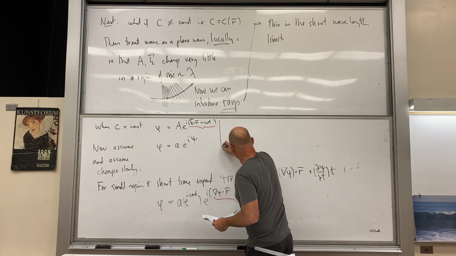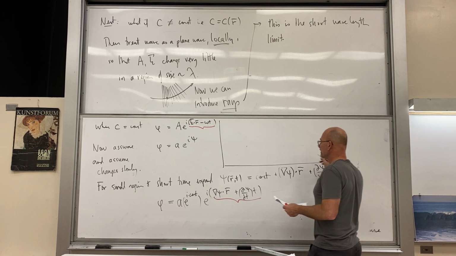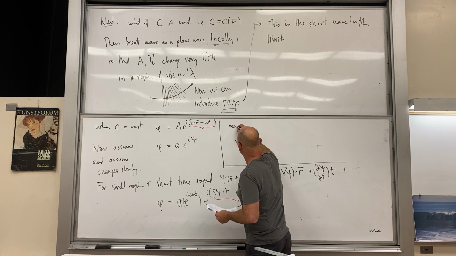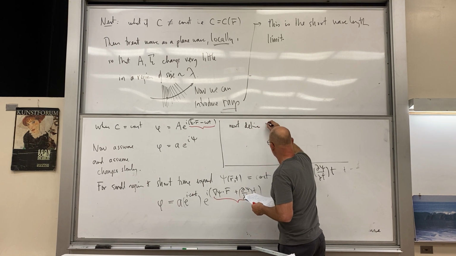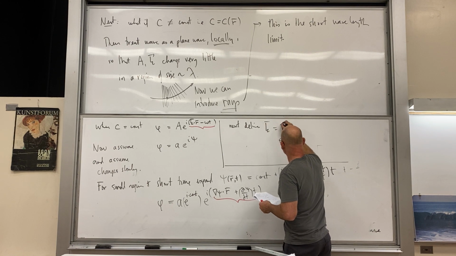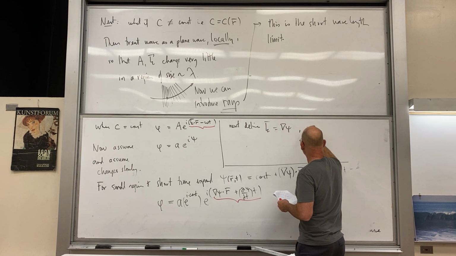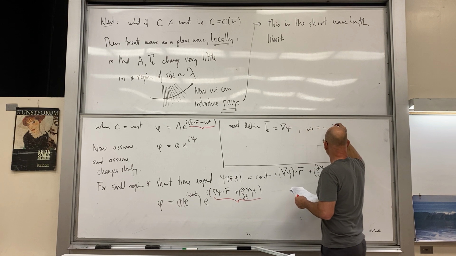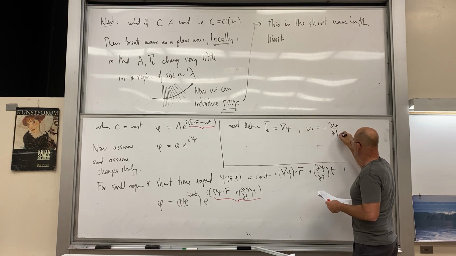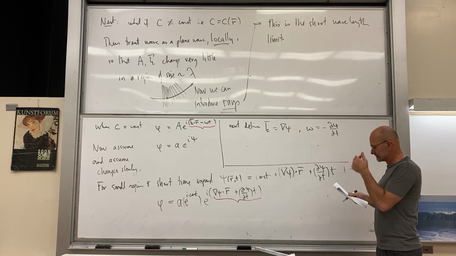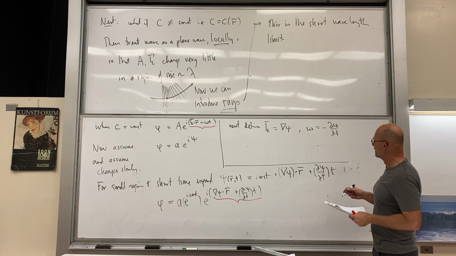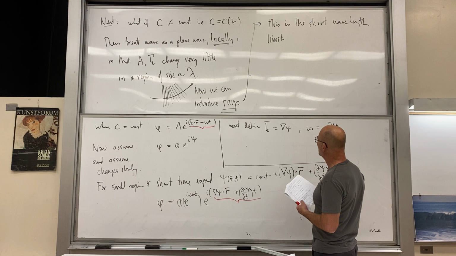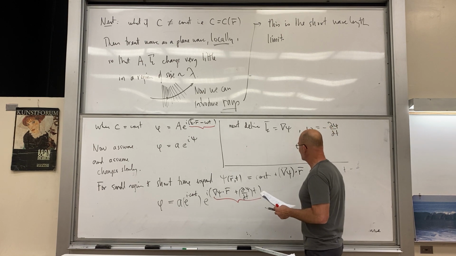Okay, I'm going to use this part of the board because I got a good space here. So next, define K equals gradient C, omega equals minus ∂C/∂t. I need some more board.